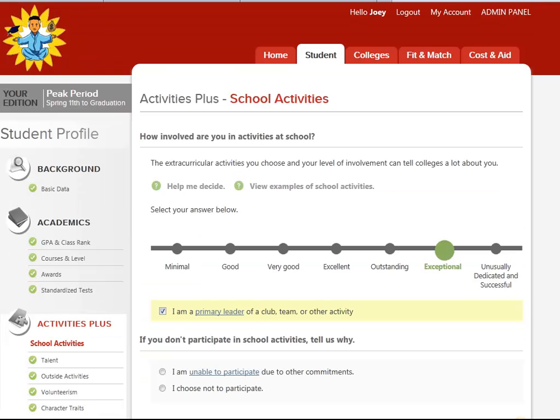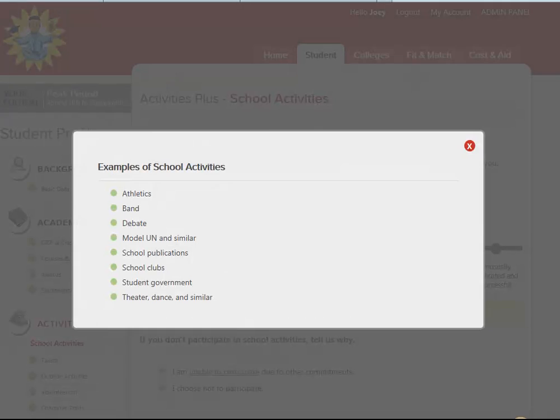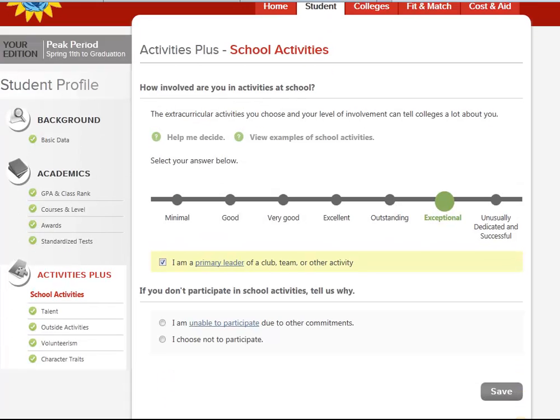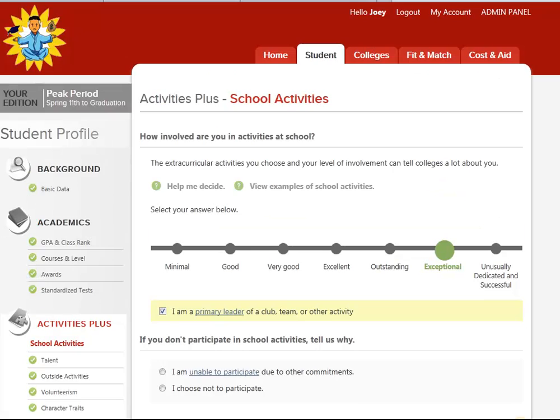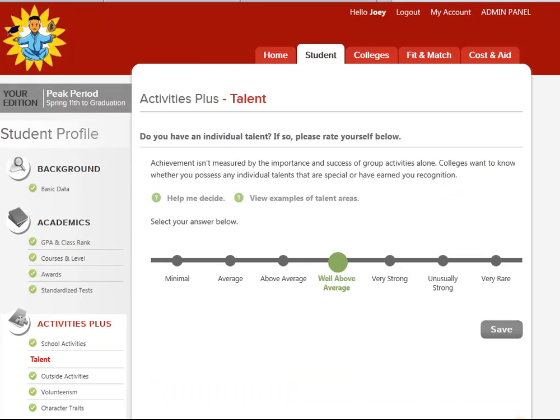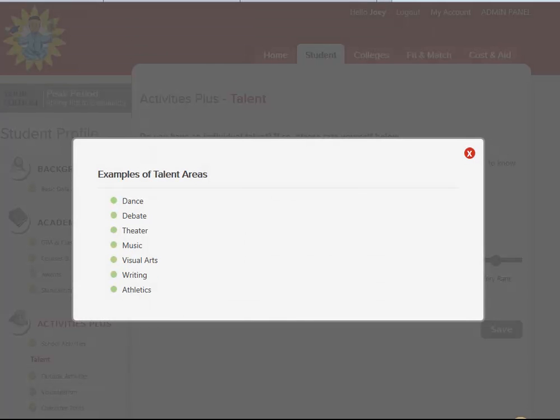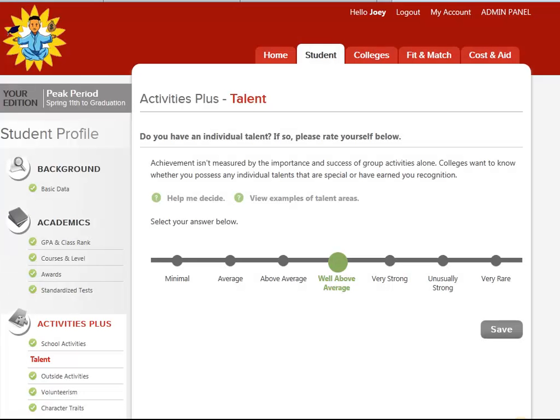That is basic data. Now, school activities. These are examples of things you do in school, like debate team or sports. That's of course considered by admissions officers. So is your level of talent. Talent could mean dance, debate, music, athletic, writing, and so on and so forth.